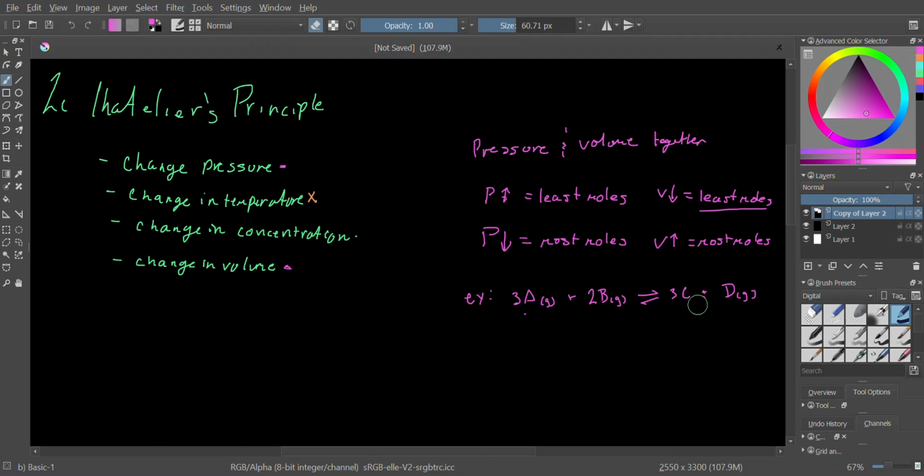So then, cool, let me change that real quick to a solid, just because. Let's say our volume is still halved. Now if we're calculating our moles, on this side it's still 2 plus 3, which is 5.